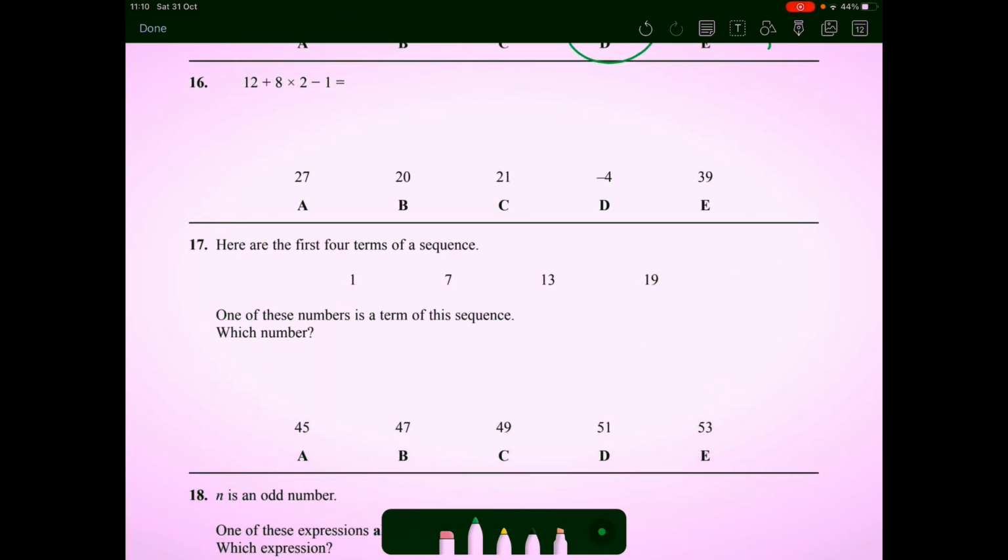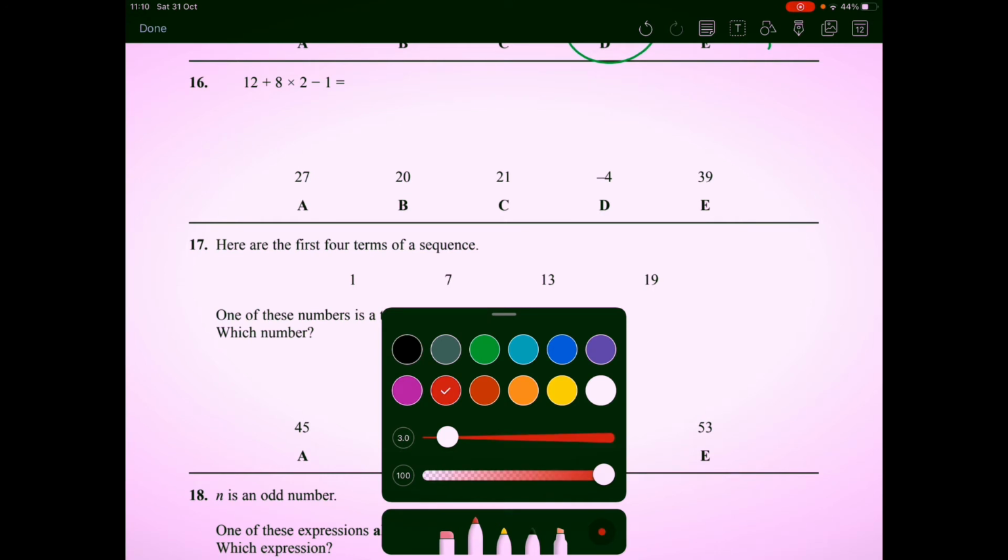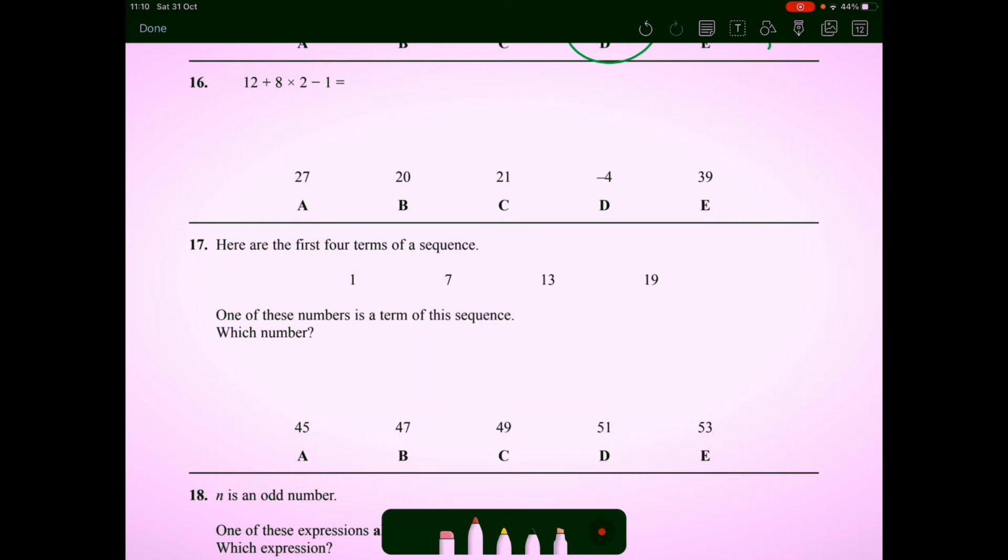Question 16. 12 plus 8 times 2 take away 1. I've always recommended to my classes that you number the order of the operations when you see something with more than one calculation going on, BIDMAS. Let's remember the order. What do we see? I see a multiply, I see an add, and I see a subtract. I'm going to do the multiply first, and then the add and subtract, you technically do these in the order in which they're written.